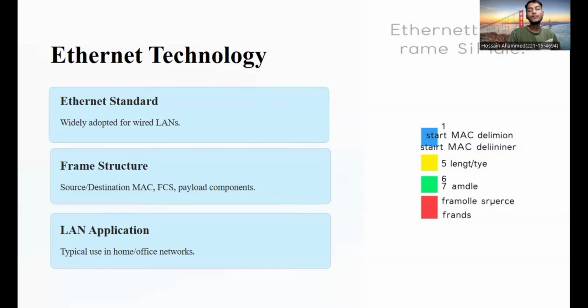For transferring data or packets from one device to another, it identifies the MAC addresses of the two devices, the source device and the destination device, and it transfers packets frame by frame.